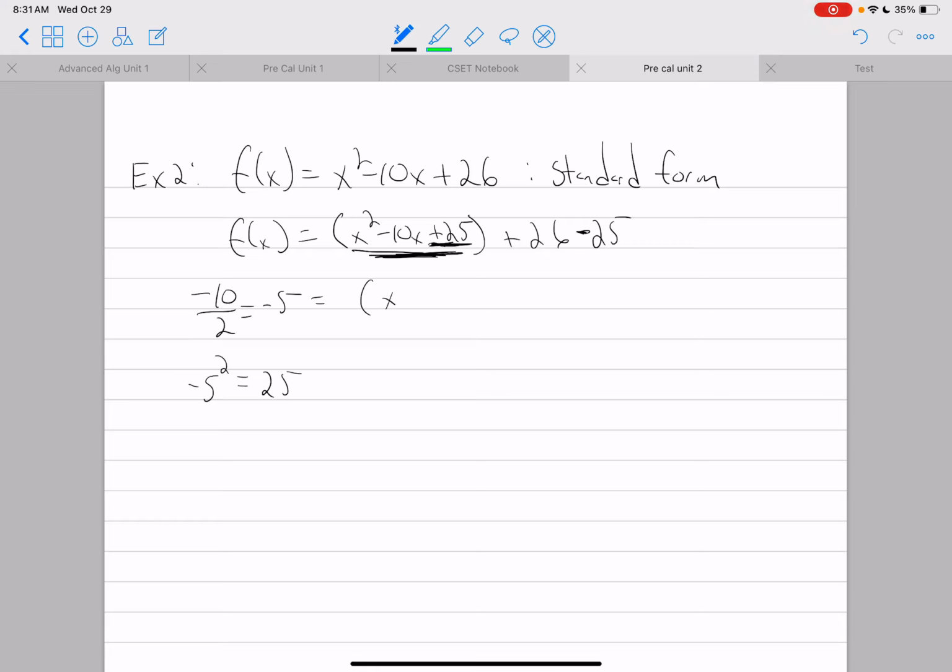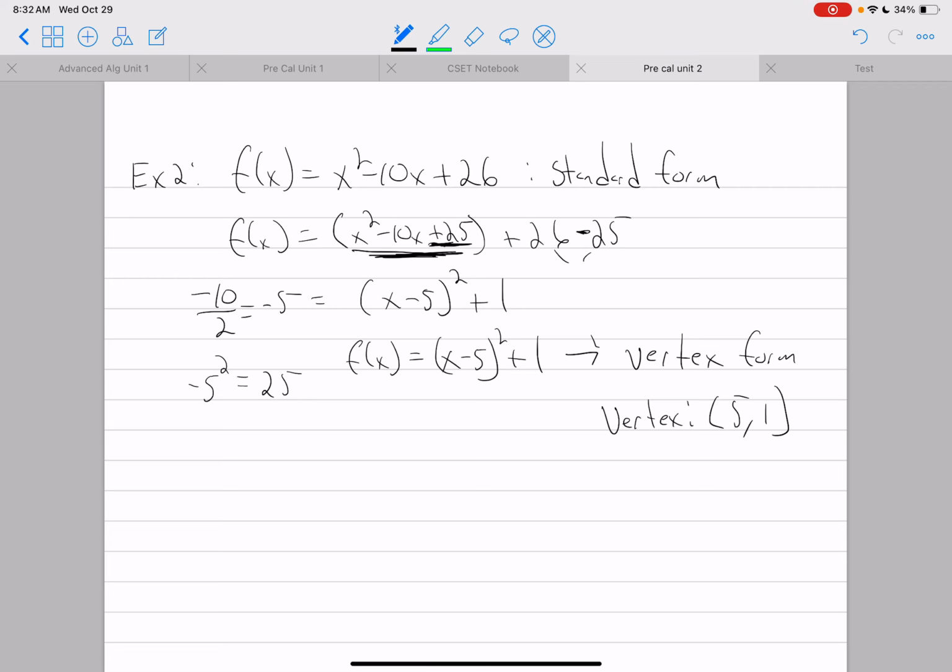So I end up with x minus 5 squared, and 26 minus 25 is 1, plus 1, right? So in this case, f of x equals x minus 5 squared plus 1. This is vertex form. Okay? So now, I know that my vertex is at the point 5, 1.